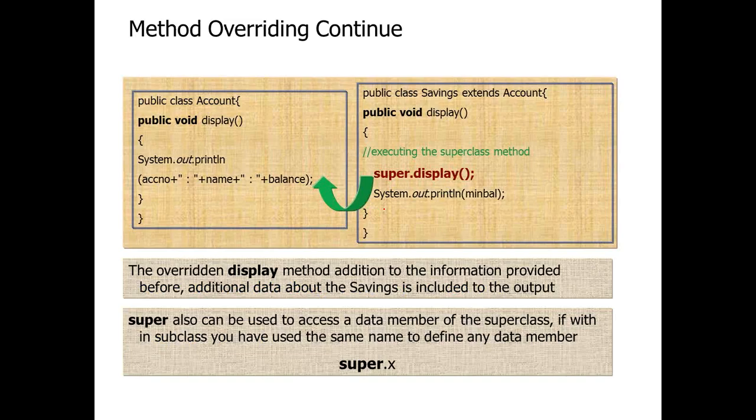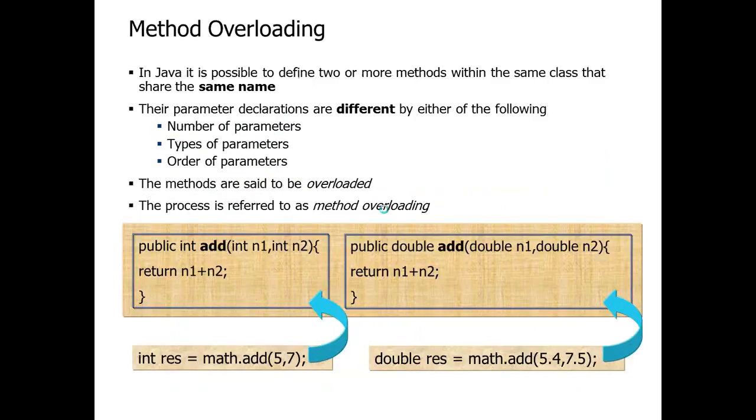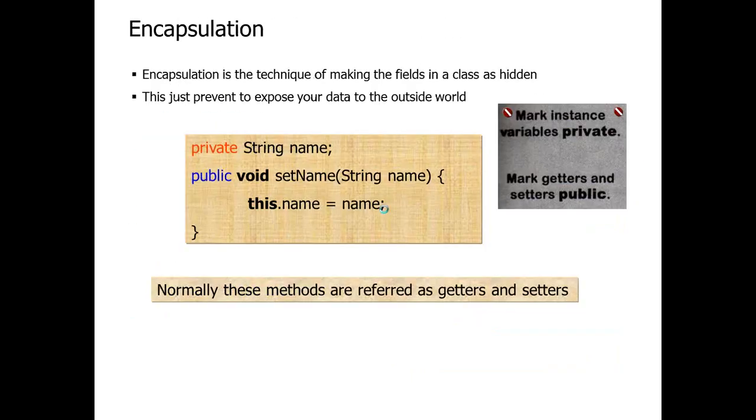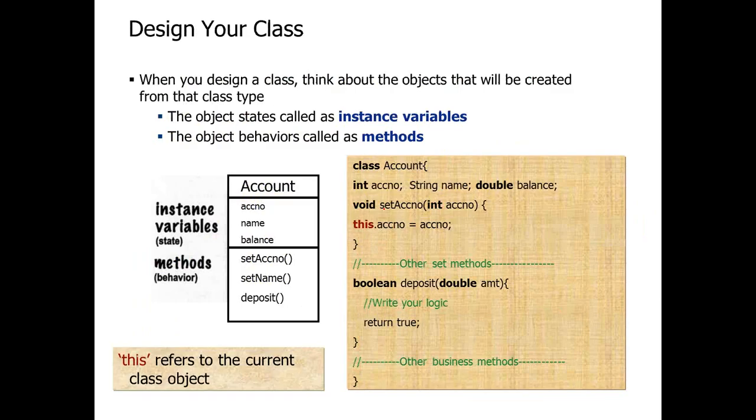We have discussed inheritance, we have discussed polymorphism, we have discussed the benefits of these two things, and we have discussed the fundamental object-oriented principles: inheritance, encapsulation, polymorphism.